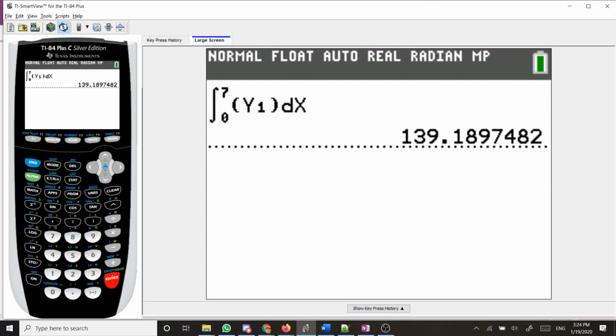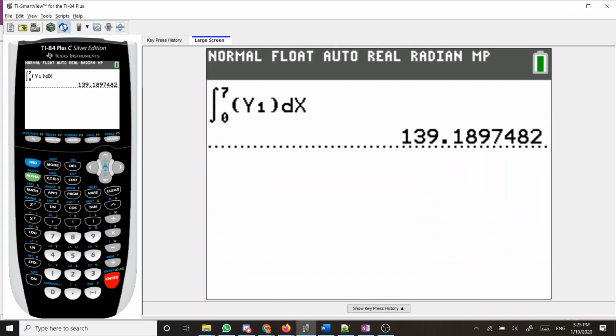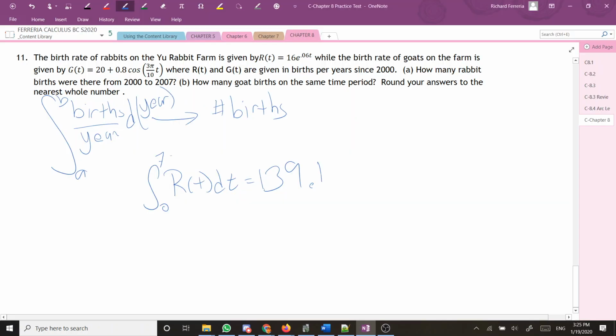That's going to give me 139. I'm rounding to the nearest whole number as per the instructions. So that's 139 rabbits, 139.0189.